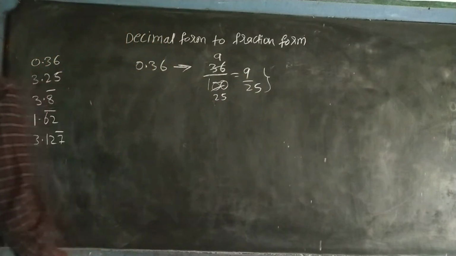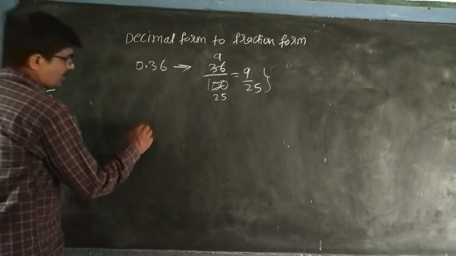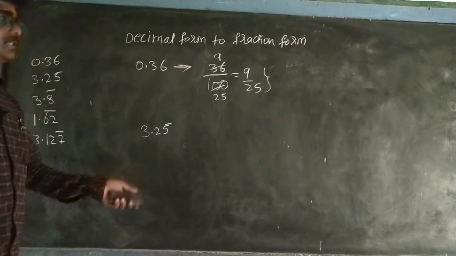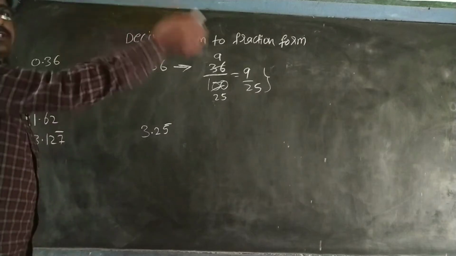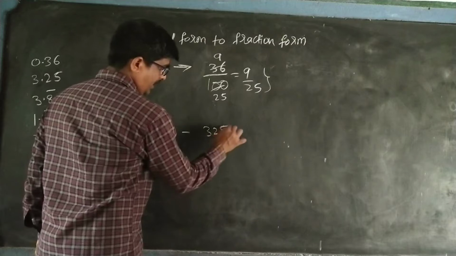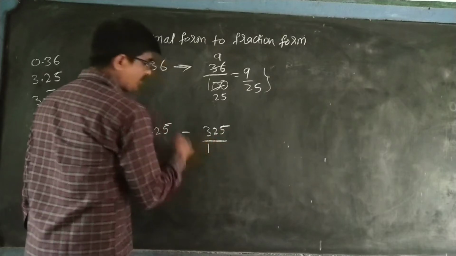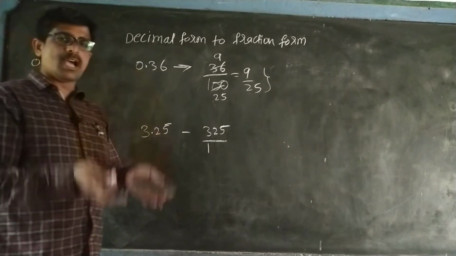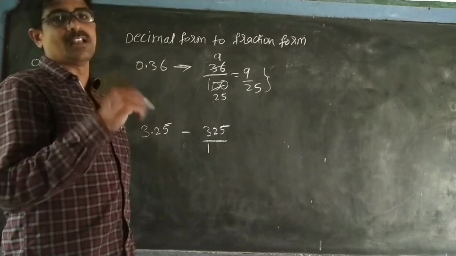If I take another number, for example 3.25, this is also decimal form. We are going to change it into fraction form. Same way, write 325. After the point, how many digits? 2 digits. Keep that many zeros in the denominator.